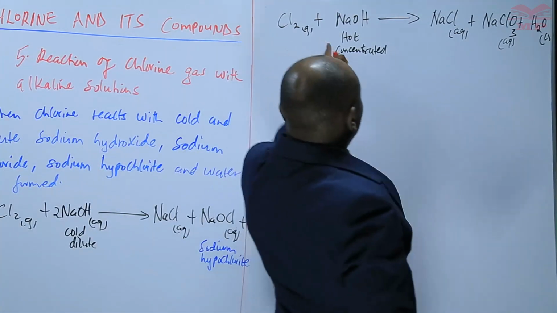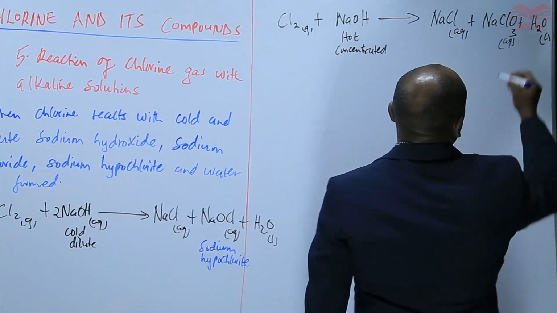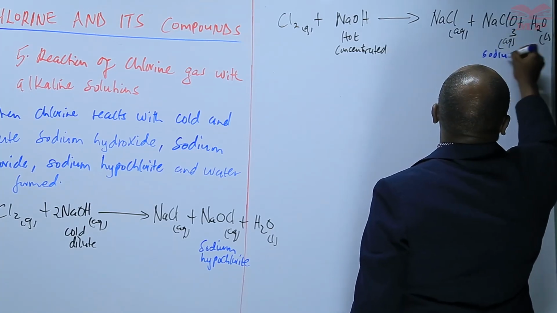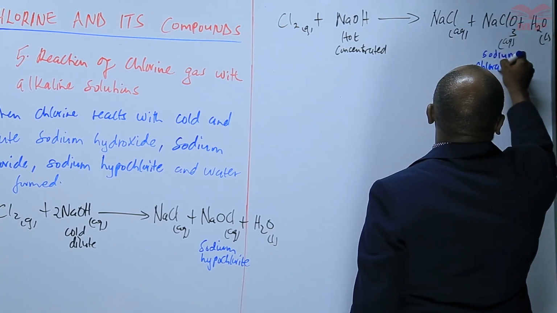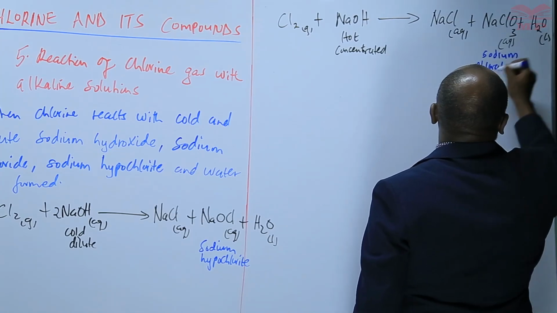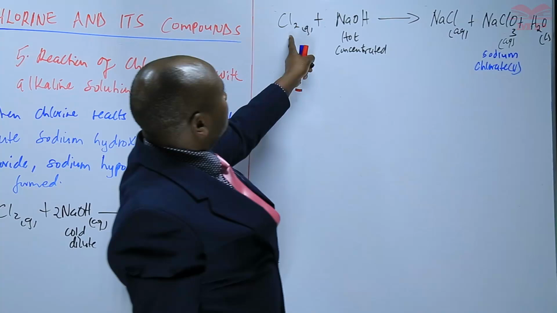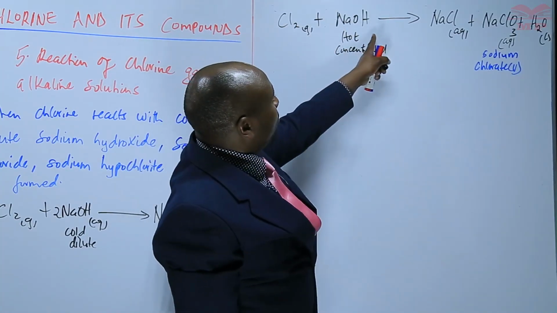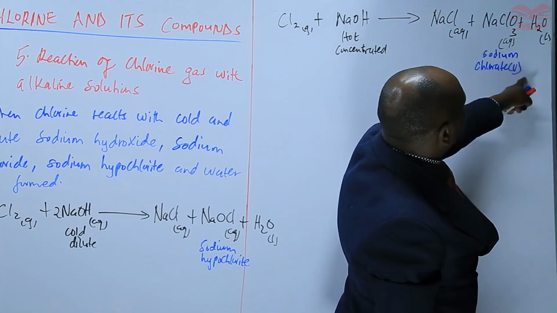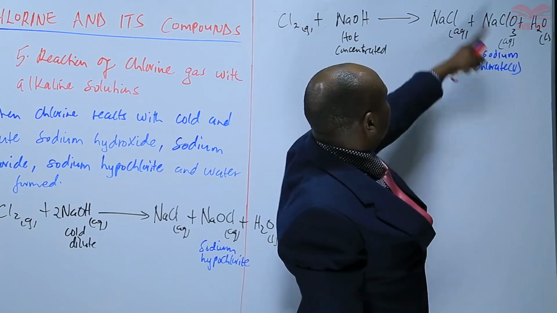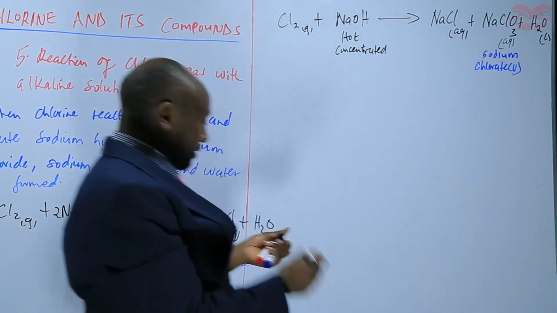When we use hot and concentrated sodium hydroxide, we get sodium chlorate 5. So in this case, chlorine forms sodium chlorate 5 and sodium chloride. And then, of course, we have water.